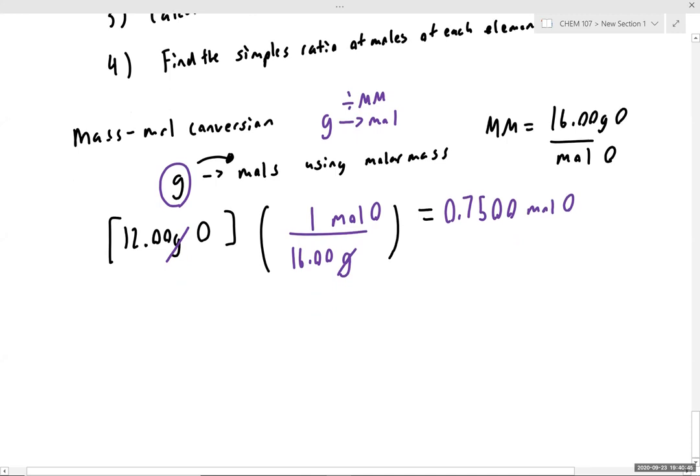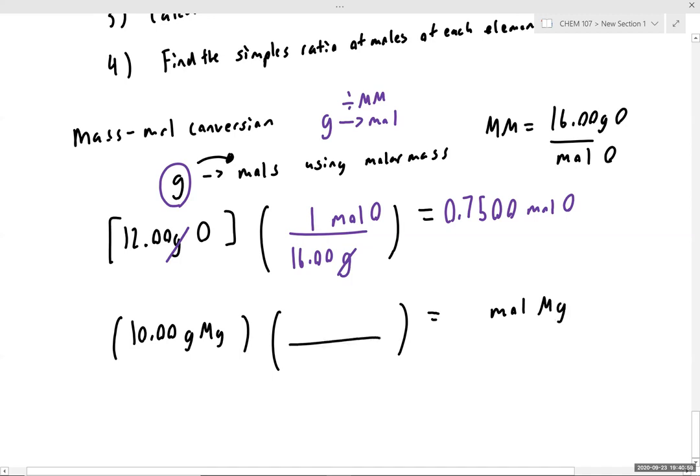Let's suppose we are trying to go from 10.00 grams of magnesium and we wanted to calculate the moles of magnesium. What conversion factor would we use?